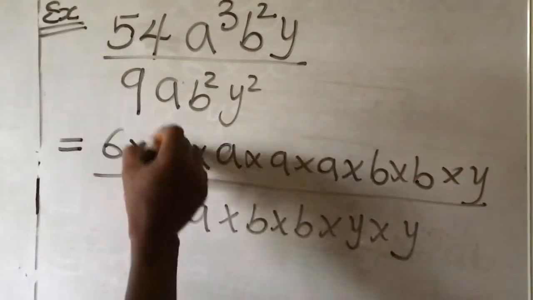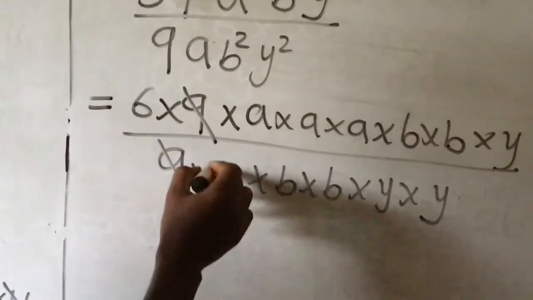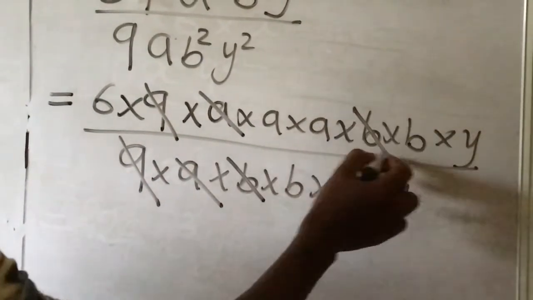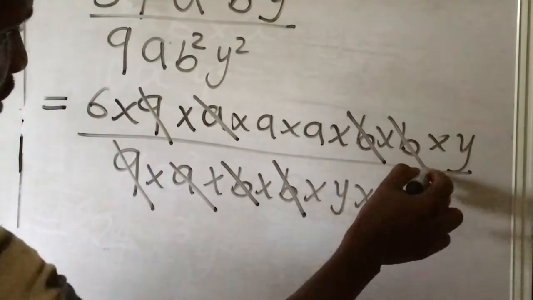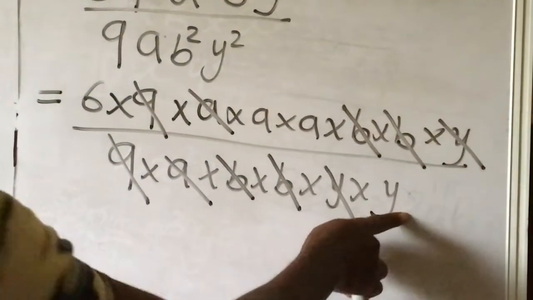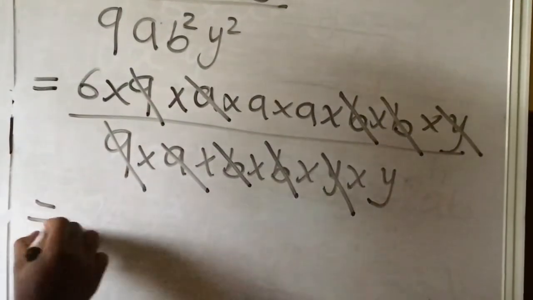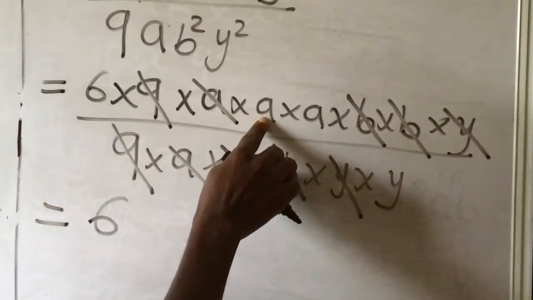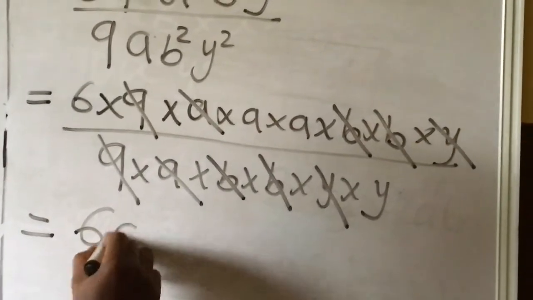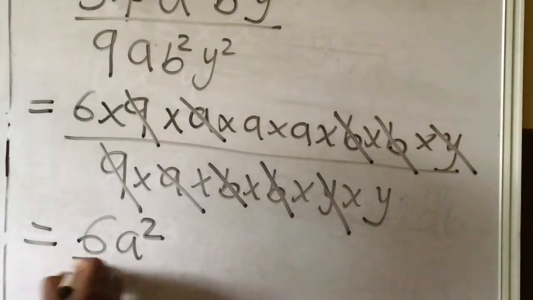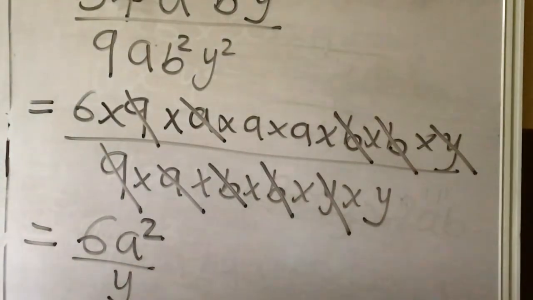So 9 cancels 9, a cancels one of the a, b cancels b, this b also cancels this b, and y cancels one y here. So we are left with one y down. Therefore, our answer here is 6. How many a? 1, 2. So this is 6a squared, alright?